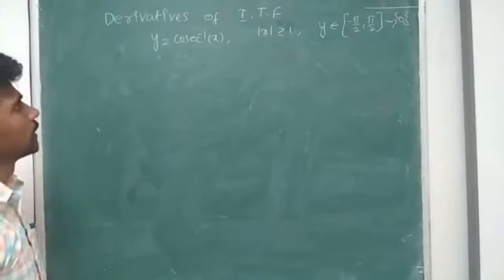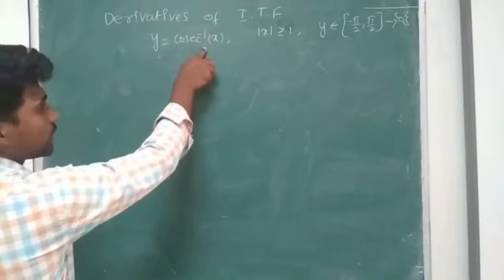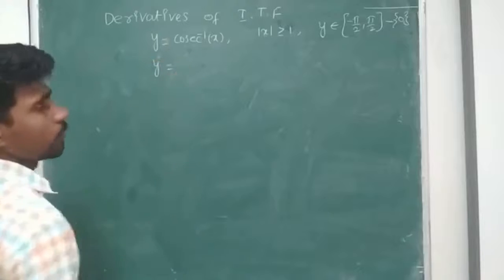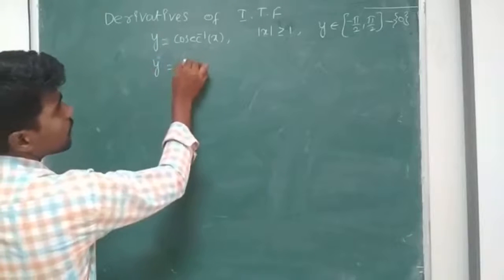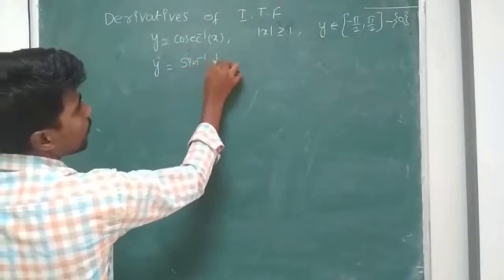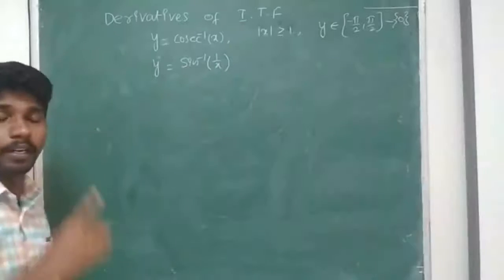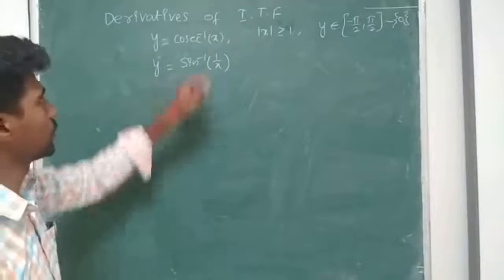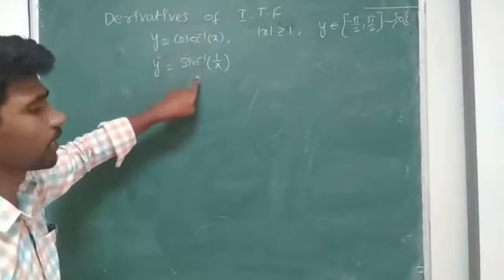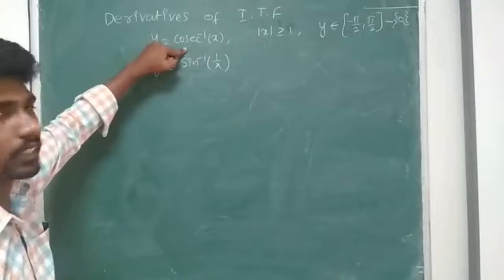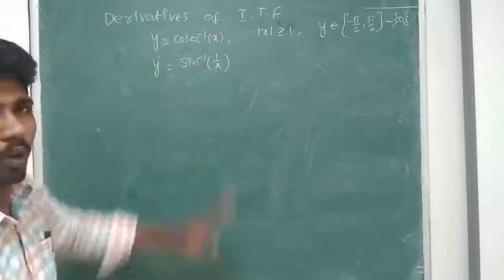Right. I have y is equal to cosecant inverse x. I can write y is equal to sin inverse of 1 by x. What we have learned in inverse trigonometric functions, the relation between cosecant inverse and sin inverse. So we can write cosecant inverse x as sin inverse of 1 by x.